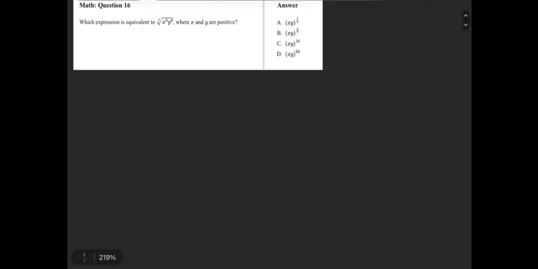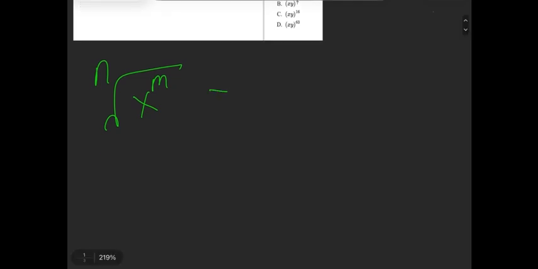Problem 16. Which expression is equivalent to the seventh root of x to the ninth power times y to the ninth power, where x and y are positive? So, what does it mean for the nth root of x to the m? Well, this can be rewritten exponentially as x to the m over n.